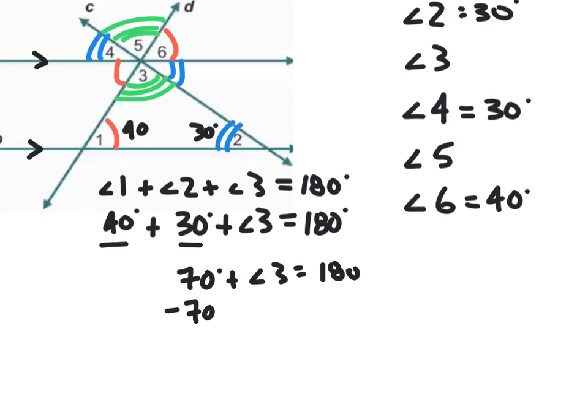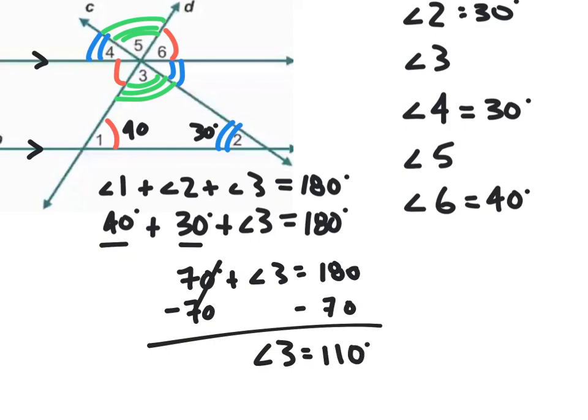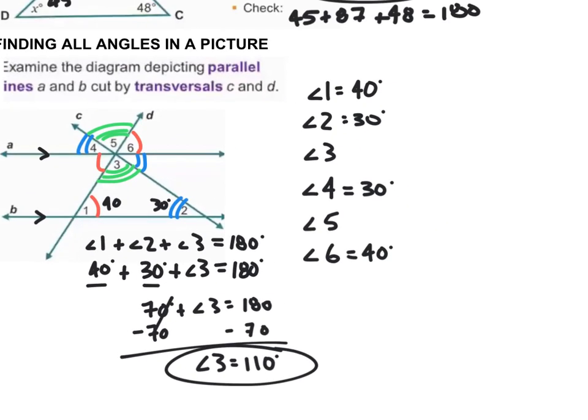Minus 70 on both sides, and we get that angle 3 is going to be equal to 110 degrees, okay? So from there, if I know that angle 3 is 110, then I automatically know that angle 3 is congruent to angle 5, and that's also going to be 110 degrees, okay?